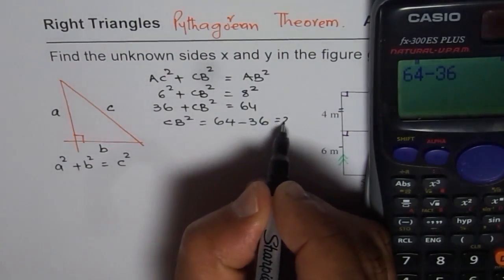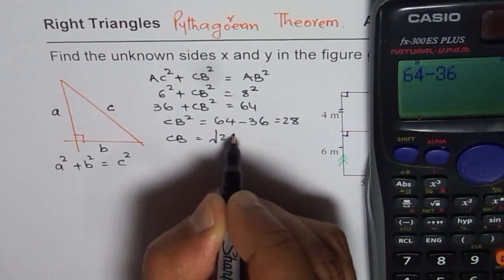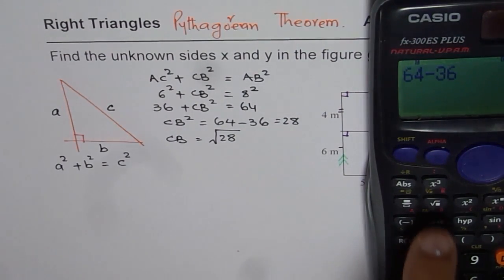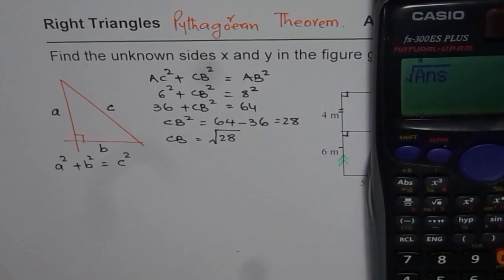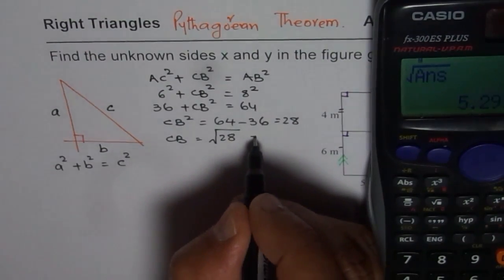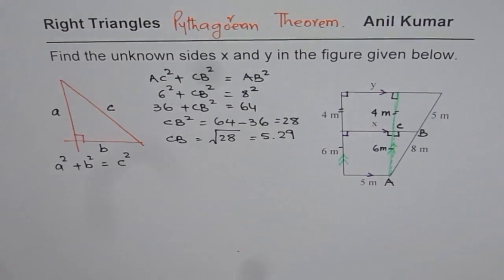So this is 28. CB is square root of 28, correct? So we'll do square root of the answer, which is 28. We get 2 square root 7, and in decimals we can write this as equal to 5.29. Okay, so that is what it is.